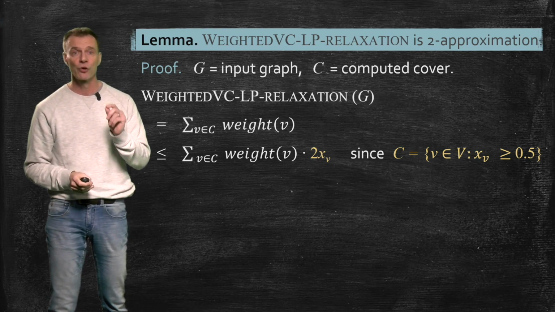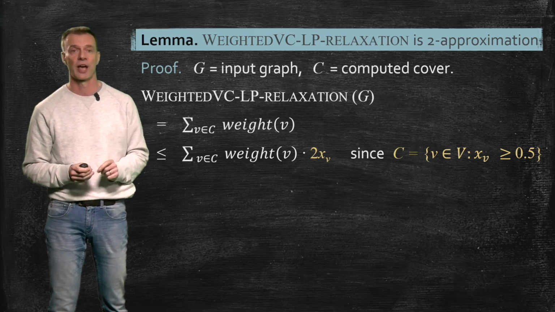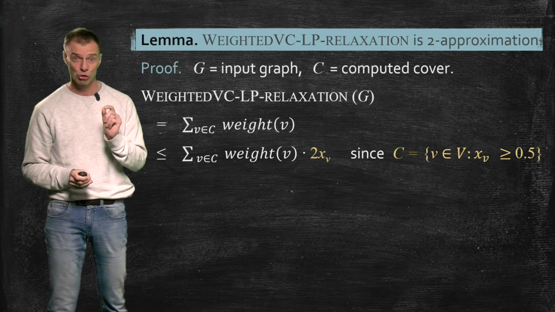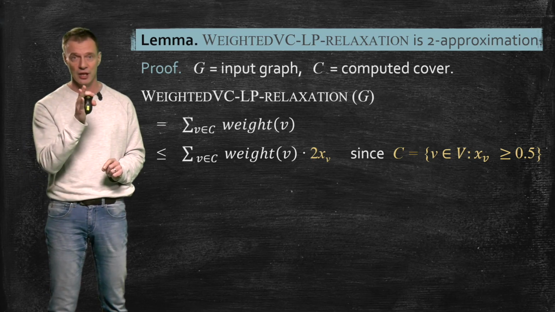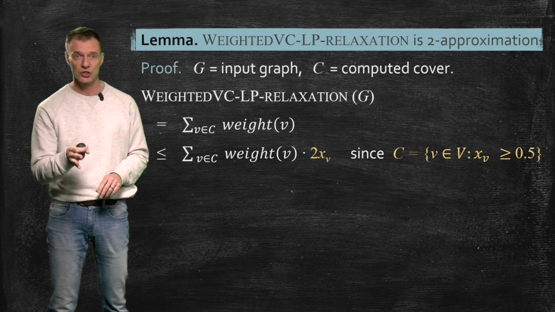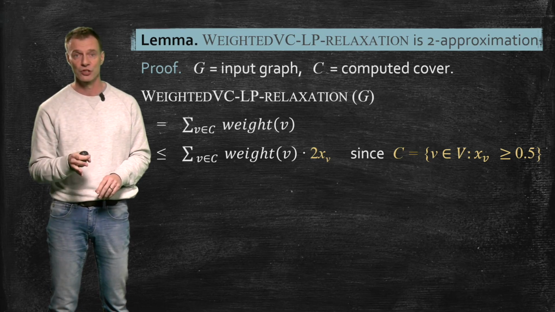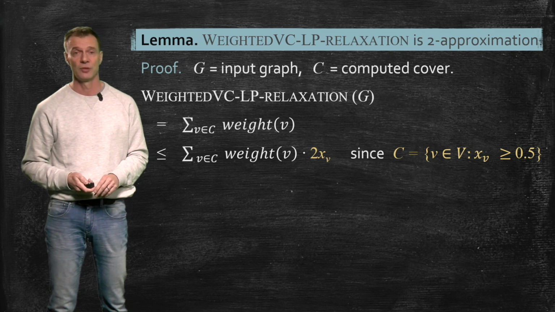Okay, so for every vertex in the cover C, xv is at least 1/2, which means that 2 times xv is at least 1. So that means that I can bound the sum over all weights of the vertices in the cover by the sum over all weights of the vertices in the cover times 2 times xv.